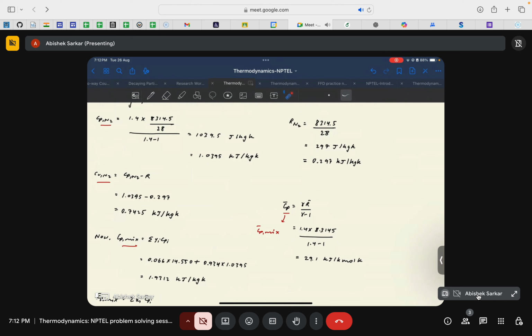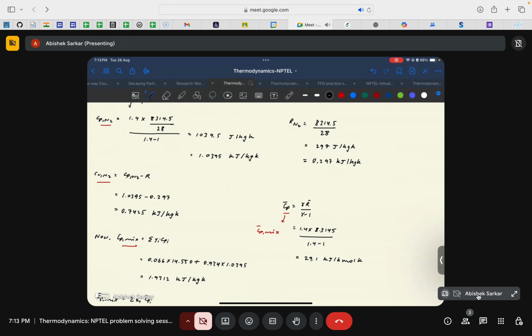Okay, so one more interesting observation would be that the values of the specific heat ratio and the specific gas constant for nitrogen are quite similar to air.